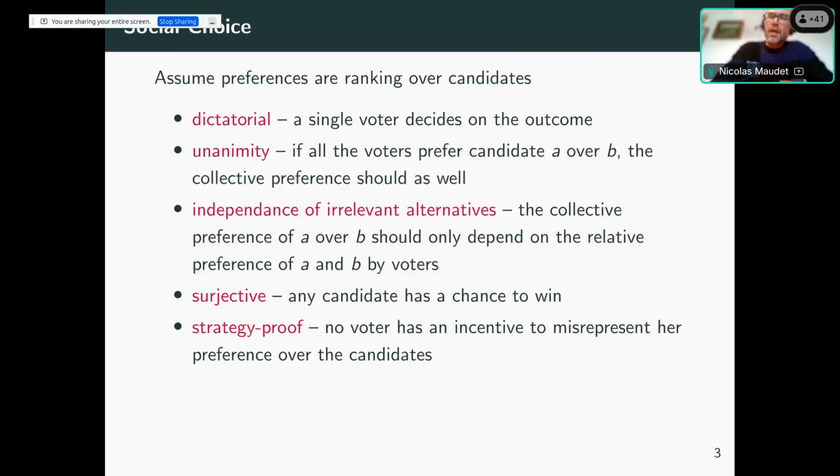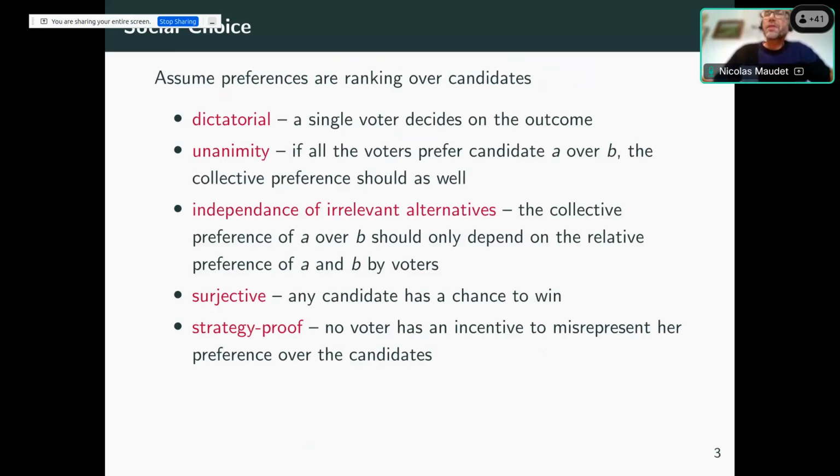Surjective, that I mentioned also before, means that any candidate has a chance to win. There is what we call a profile, a set of votes, such that this candidate would win. Otherwise, this is someone who is excluded a priori from the procedure, and this is not something that we want, of course.